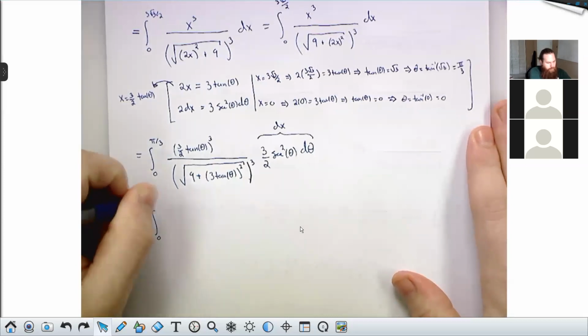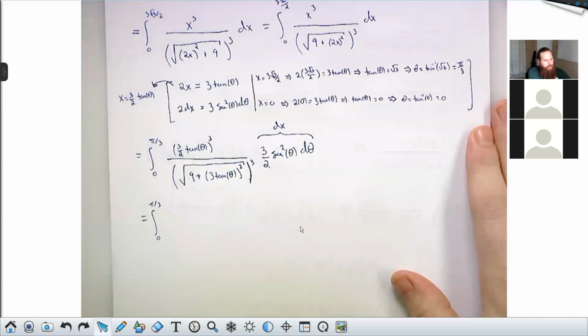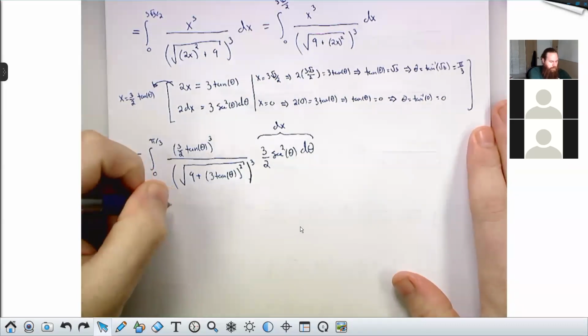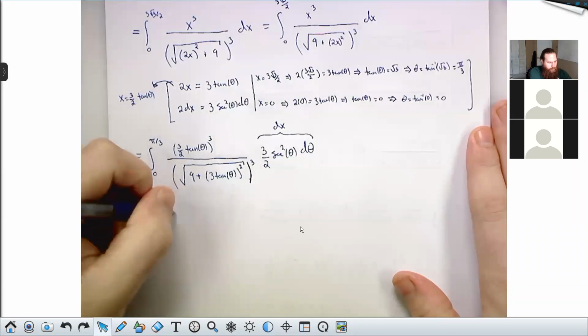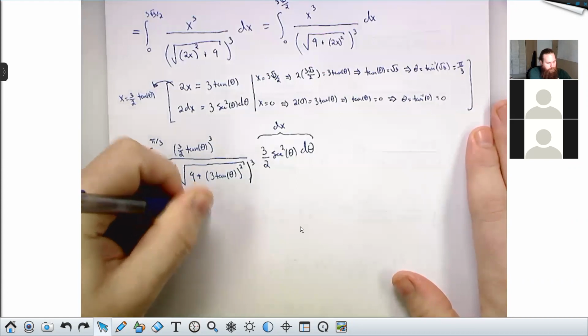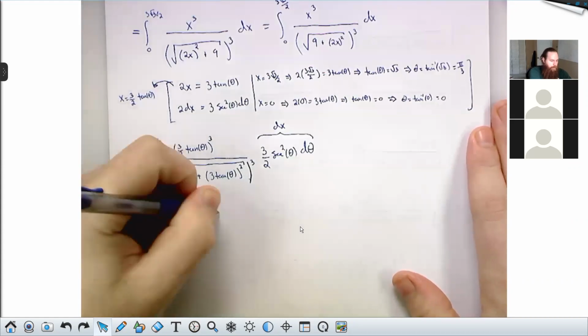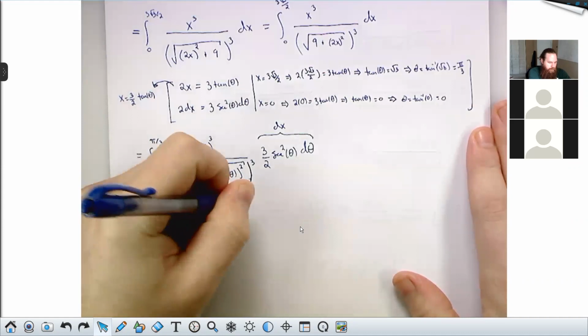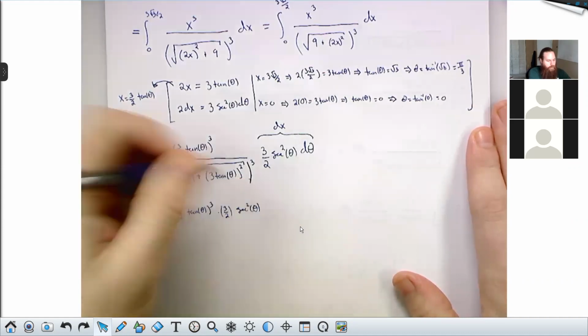Got integral 0 to pi over 3. This is going to be 3 halves cubed times tan cubed theta. I'm going to leave the top as it is right now, though, till we see what comes out from the bottom. I'll have another copy of 3/2 here. I'll move the secant squared upstairs.